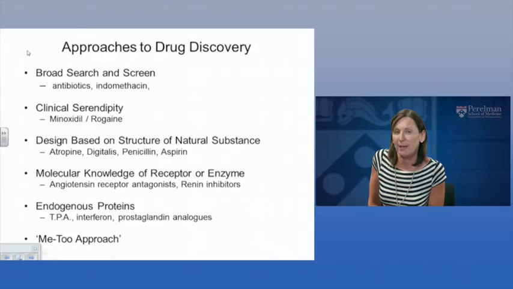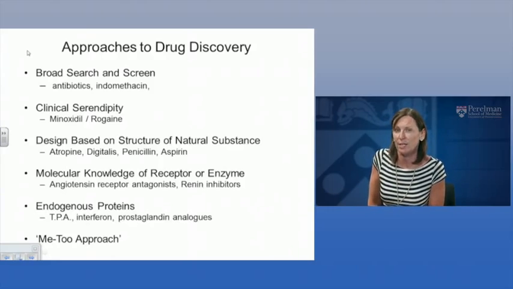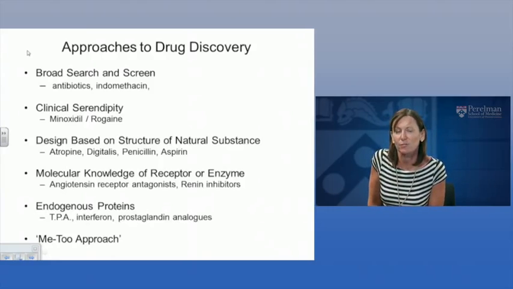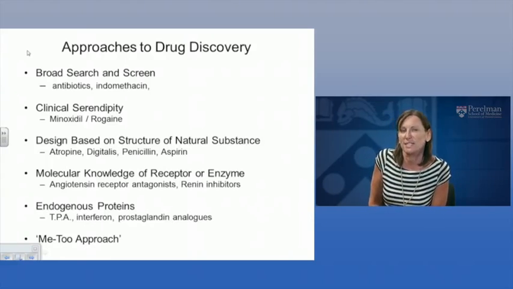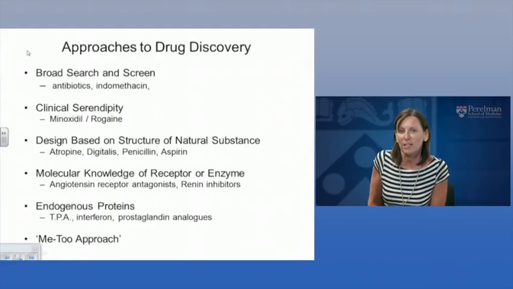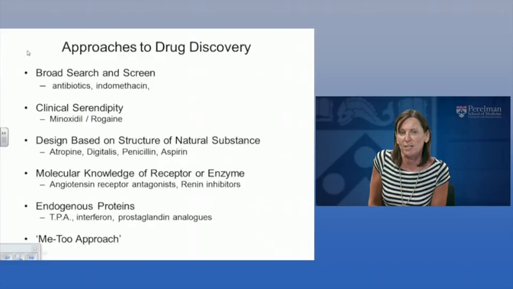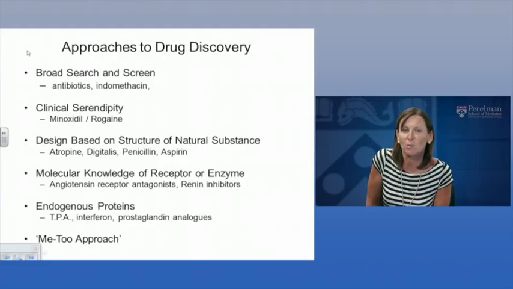Examples of these would be antibiotics, indomethacin, which is a non-steroidal pain reliever that was discovered after knowing the natural structure of aspirin. Clinical serendipity, I love this one. It's the idea of evaluating a drug for one indication and actually realizing that it has a benefit in another indication. And the example that I've given you here is but one of many, many, is minoxidil.